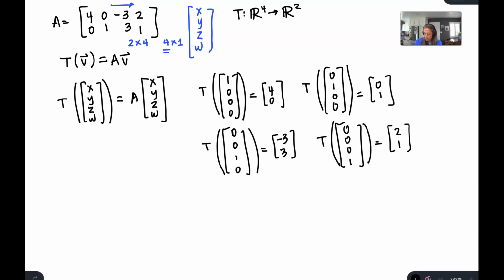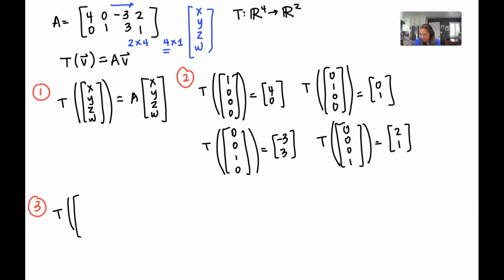So we have one, the matrix multiplication; two, defining what happens in terms of transformations to each of our standard basis vectors; and then three, we could write this as the linear equations. This is the way that we started this whole section, recognizing that if this was some x, some y, some z, what happens to each of those things is, well, I'm going to end up with 4x minus 3z plus 2w, and then, oops, I need to do T of that first.